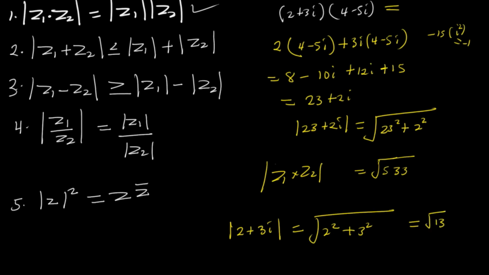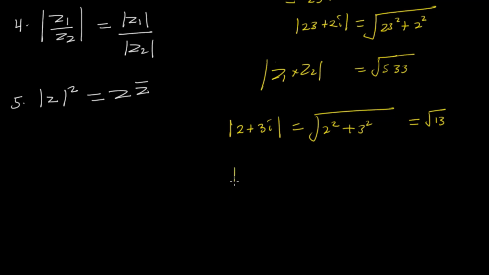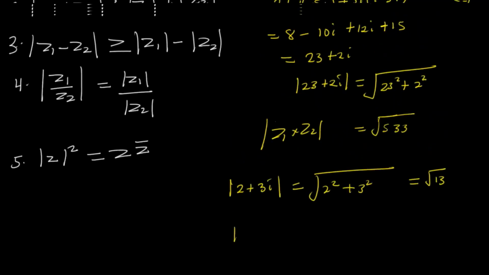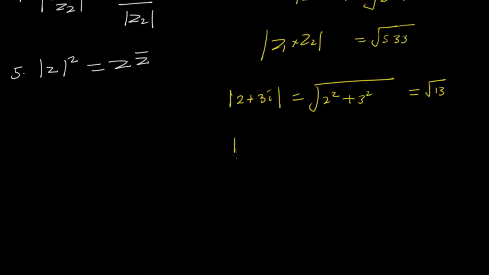So that is the modulus of z1. z2, if you recall, let me go up and check that, is 4 minus 5i. This is the square root of 4 squared plus negative 5 squared, which is 16 plus 25. That is the root of 41.